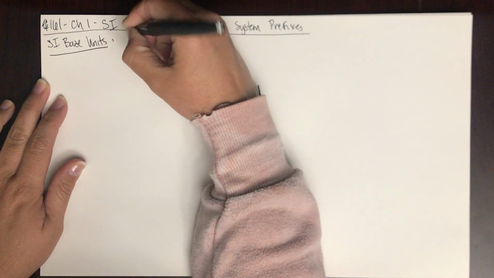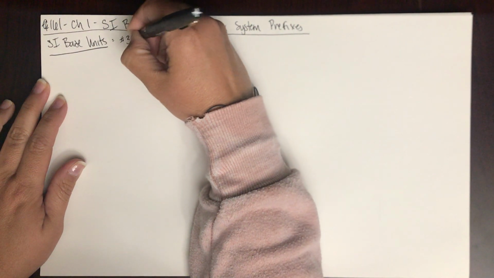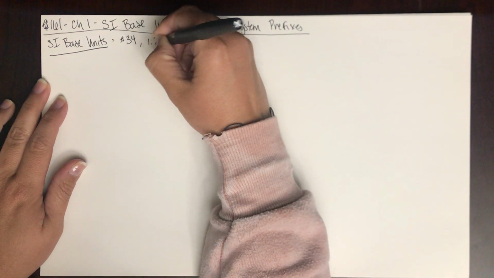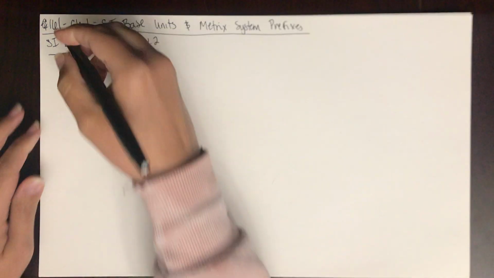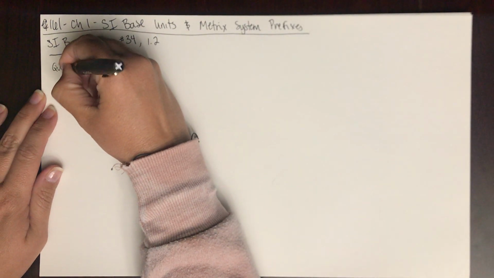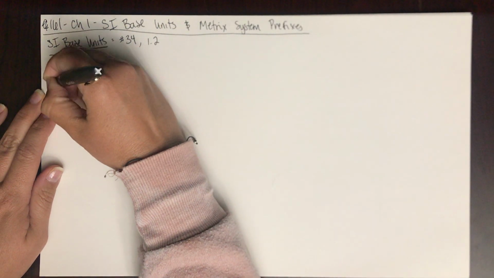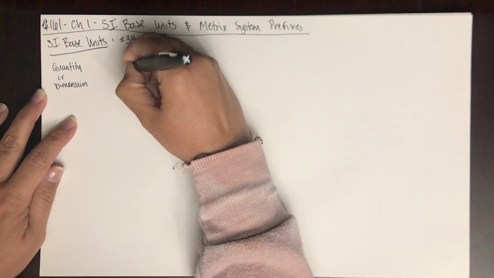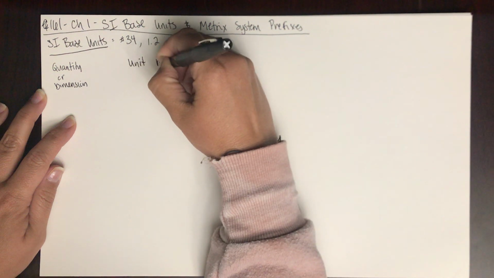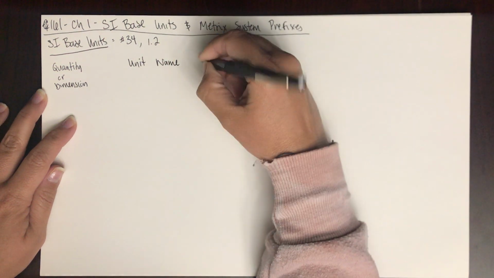Again, this is on slide number 34, and it's table 1.2 in your textbook. So the quantity or dimension is what's first, and then the unit name, and then the unit abbreviation.